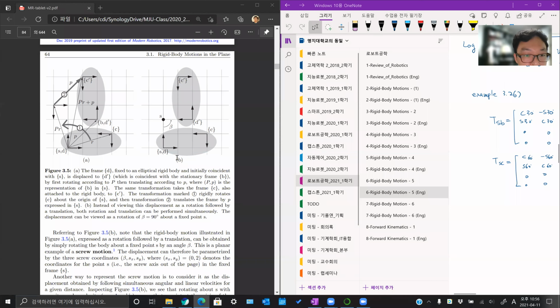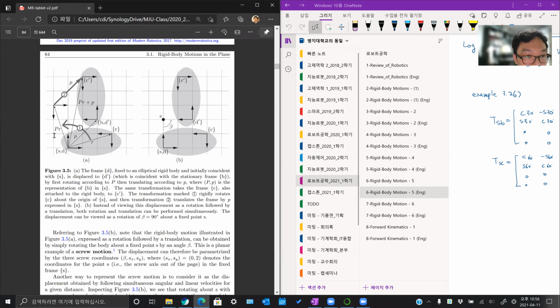Before we continue, it is better to understand about this one. This concept, actually I didn't explain before, but it is very helpful to understand the concept of screw motion.